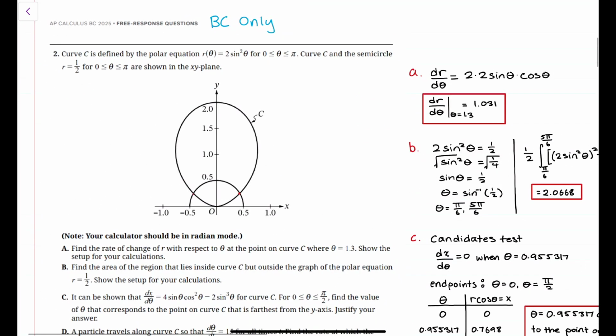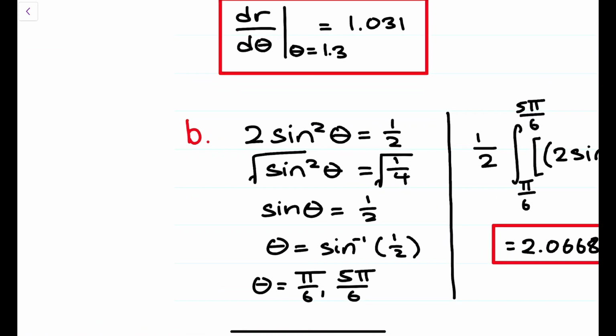For part B, it asks us to find the area of the region that lies inside curve C, but outside the graph of R equals 1/2. So that's this area right here. So the first thing we have to do, we have to find the points of intersection. So we have to set 2 sine squared theta equal to 1/2. And then we get that theta is equal to pi over 6 and 5 pi over 6.